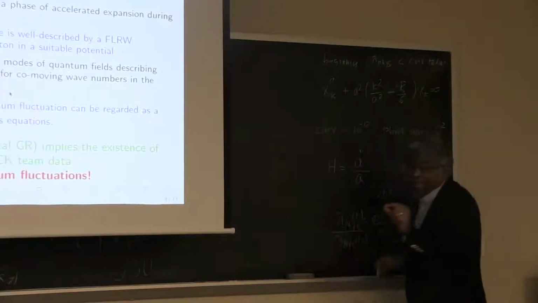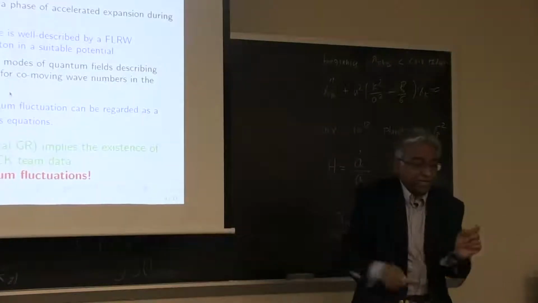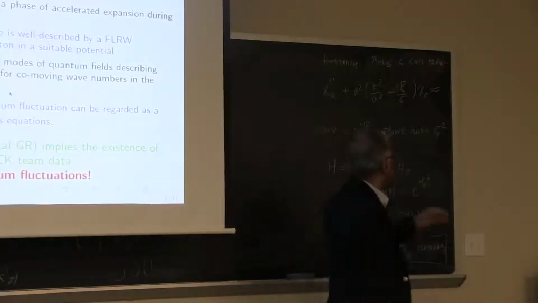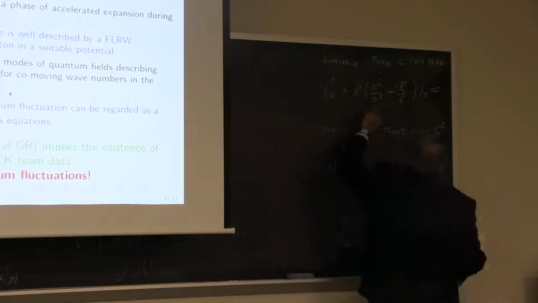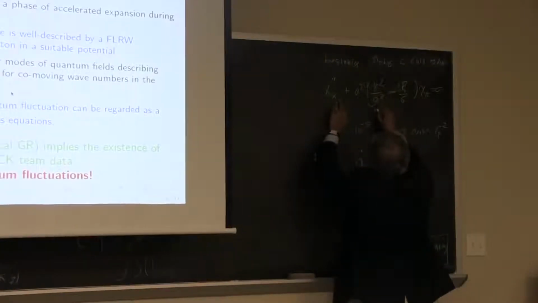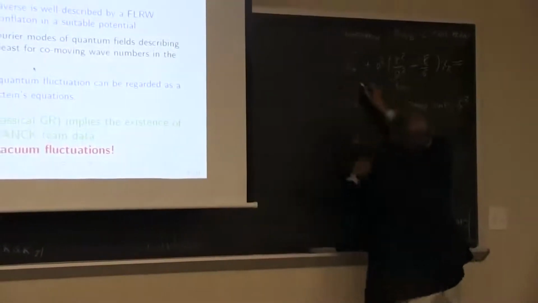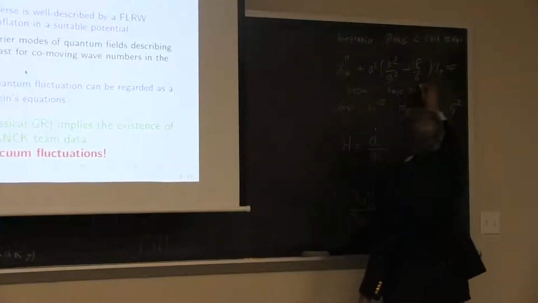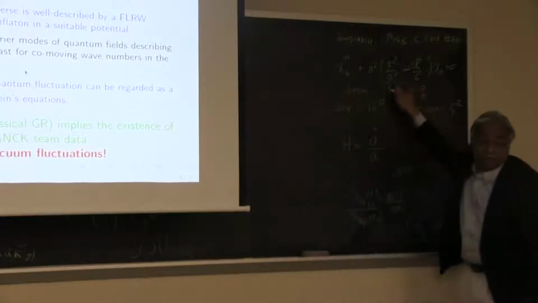So all wavelengths are small, curvature is large, and therefore the modes don't really feel the curvature at all, which means that this K physical, in the beginning, is larger than R/6. So this term dominates up here.